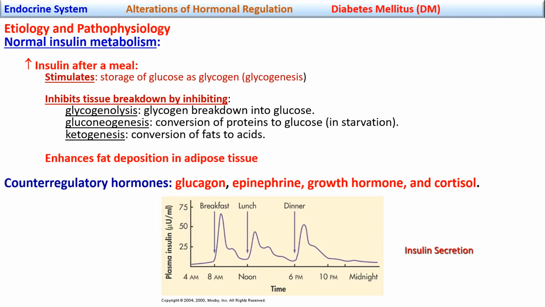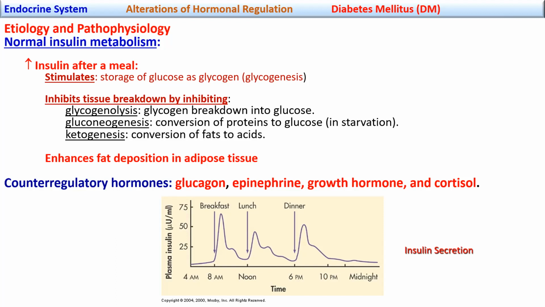So insulin will inhibit glycogenolysis, which is glycogen breakdown into glucose. It will prevent that, so glycogen will stay in the liver stored as glycogen. It will also prevent gluconeogenesis, which is the conversion of protein to glucose, and that would only take place during starvation.